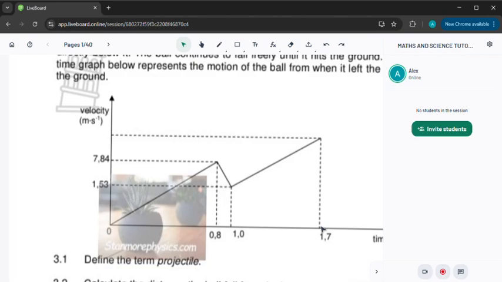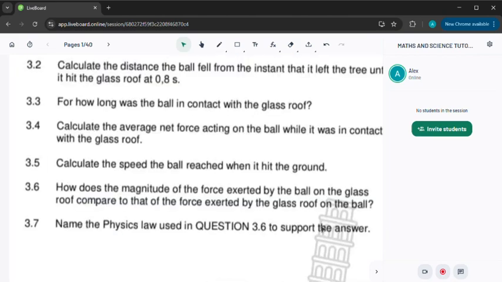Then 3.6, let's see. How does the magnitude of the force exerted by the ball on the glass roof compare to that of the force exerted by the glass roof on the ball? 3.7 is saying name the physics law used. So these two questions are linked, right? The magnitude of the force that the ball exerts on the roof will be equal to the magnitude of the force that the glass roof exerts on the ball because of Newton's third law of motion, right?